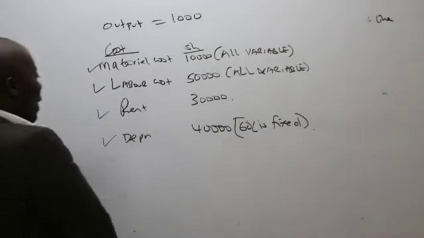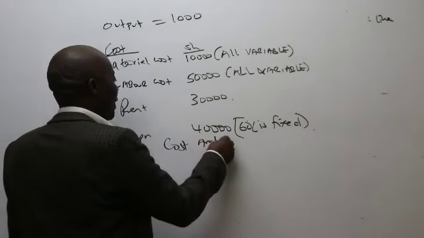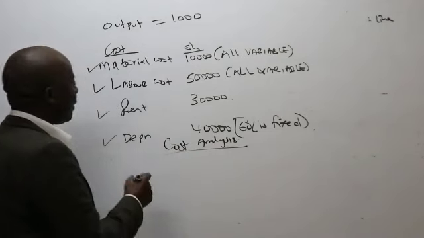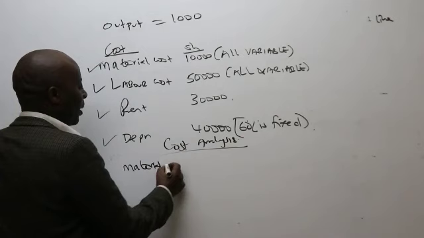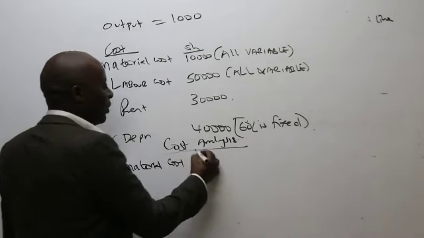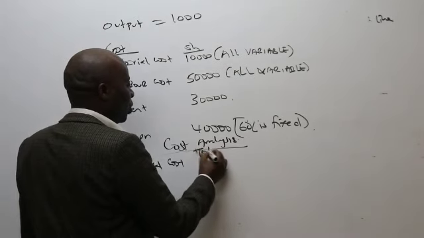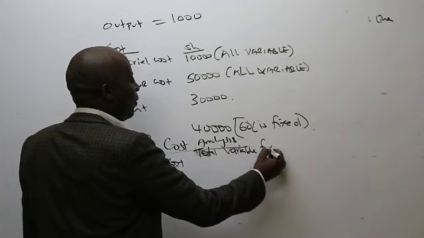I will come here and do a cost analysis. I have my cost items. I'll have my materials written very well here. Then I'll have a column for the total first. So we start with the total, then we have variable, and we have fixed.